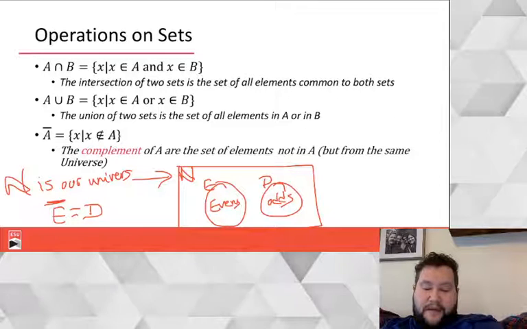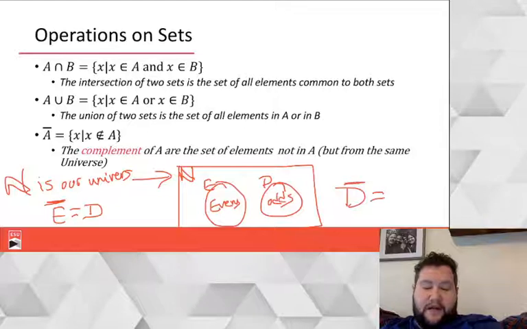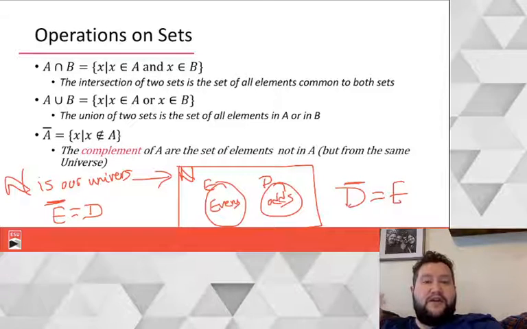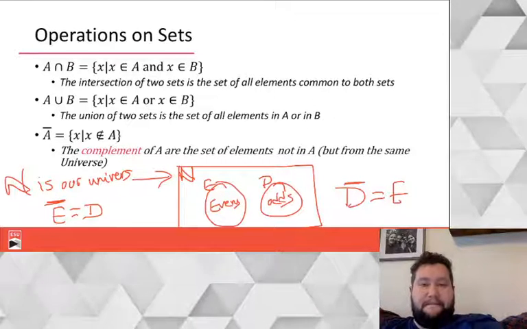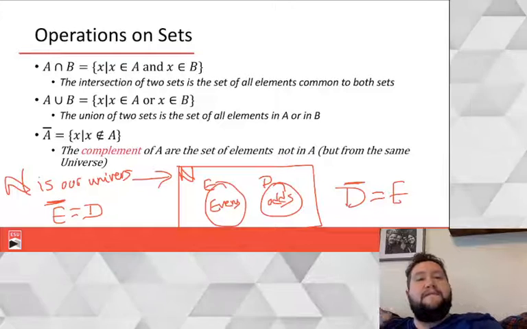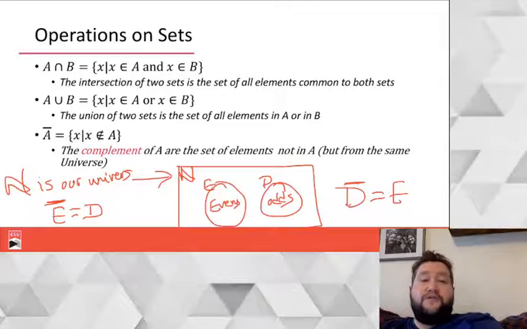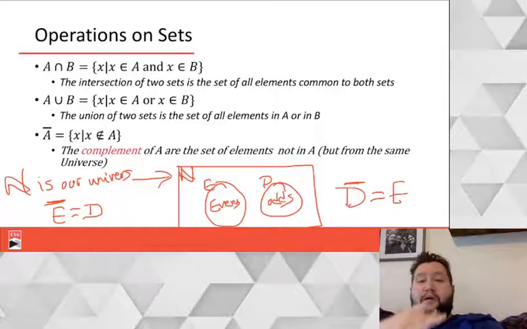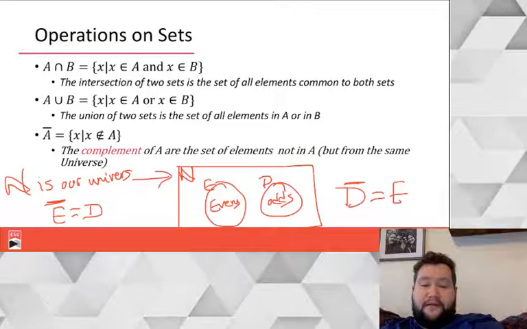Or the complement of our odds are our evens, because they're in the universe but not in that set. And so for complement to be defined, your universe, or the big set that we're working within, must be well defined.